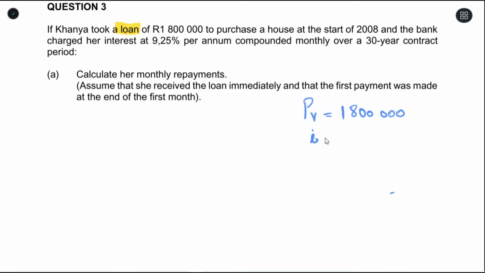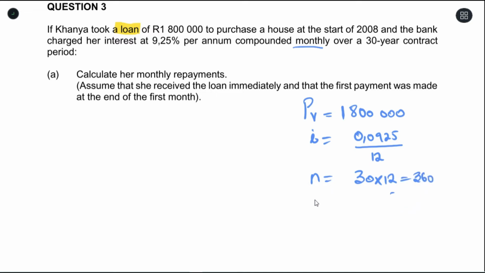The interest rate of this loan collected is 9.25%, so we can write it as 0.0925 divided by 12. Now, we do divide it by 12 because it was compounded monthly. We're also told that this loan is going to take place over a 30-year period. And since you're paying monthly, we'll multiply 30 by 12, so we'll have 360 repayments.